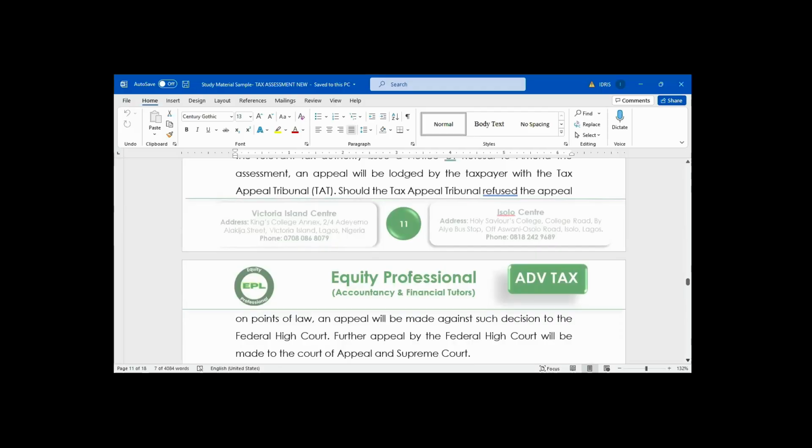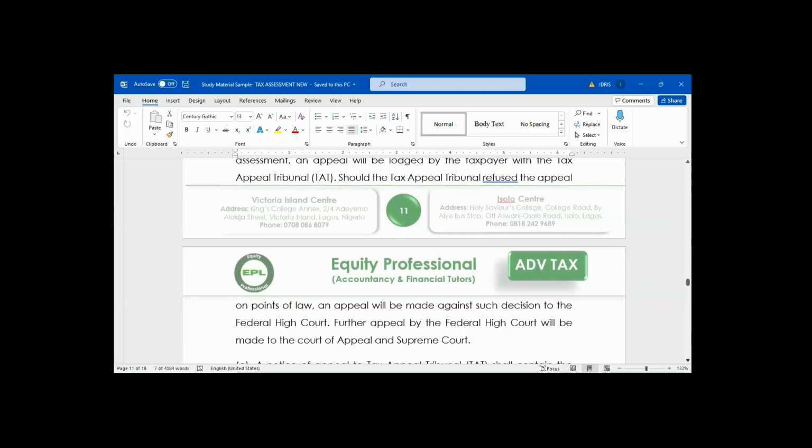So, when you write notice of appeal to Tax Appeal Tribunal, you must write it within 30 days of receiving notice of refusal to amend. Notice of appeal is a letter written by the taxpayer to Tax Appeal Tribunal based on the notice of refusal to amend received from the tax authority, asking Tax Appeal Tribunal to review the case, to review the issues.